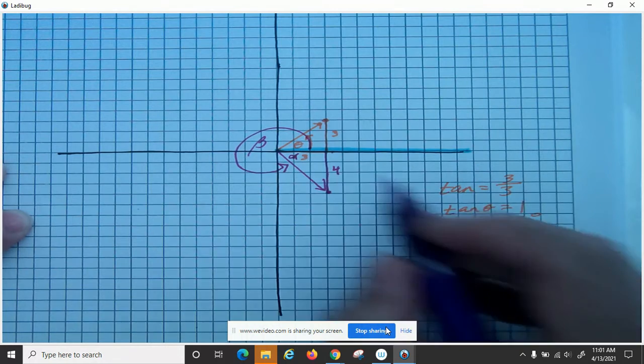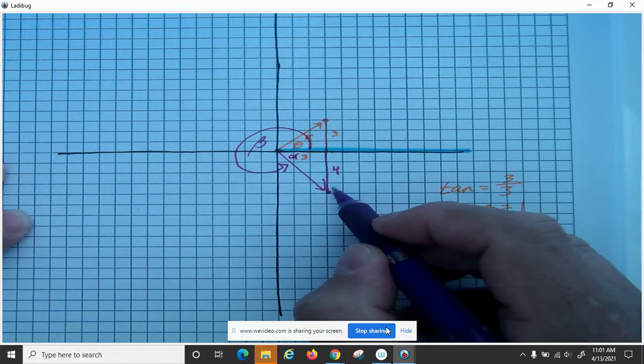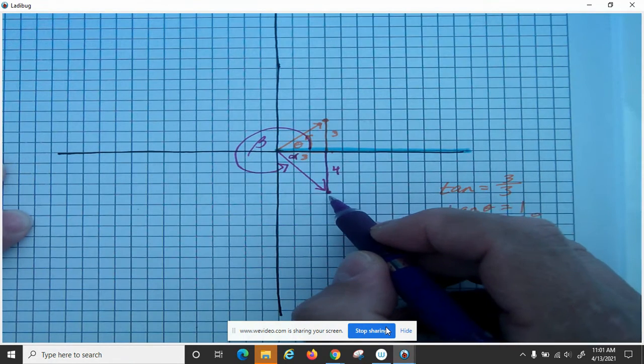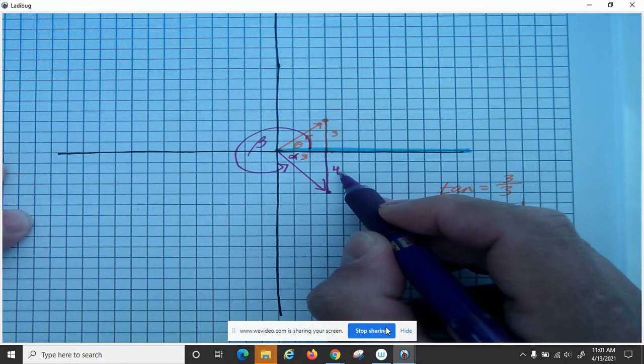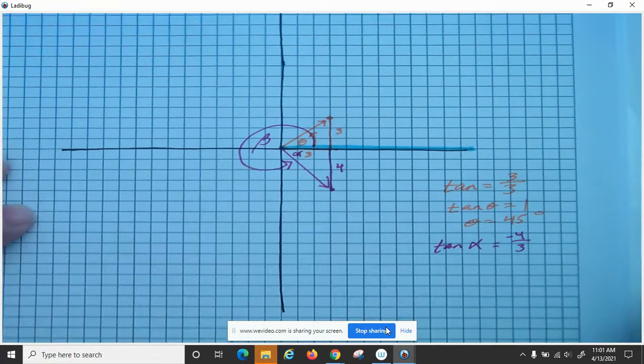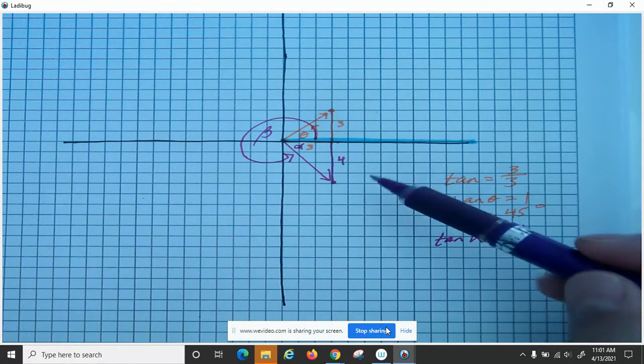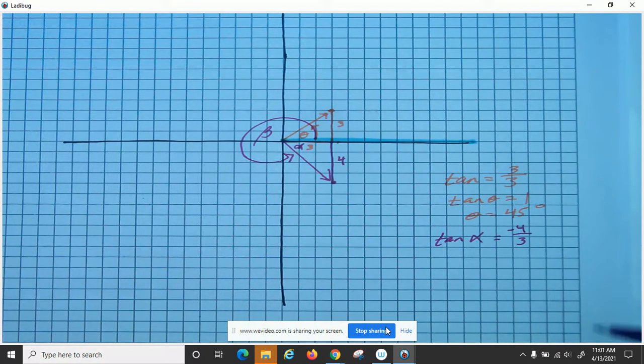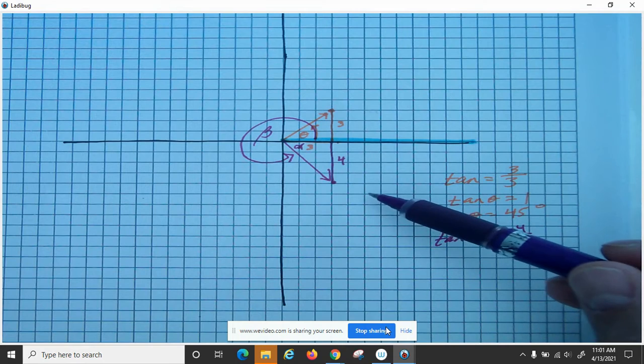is equal to the opposite side. Now, I do know that since I'm in quadrant 4, tangent is going to be negative, because of the negative 4 over positive 3. If I don't remember that this is going to be a negative 4, no big deal. I just know that tangent is negative in quadrant 4.